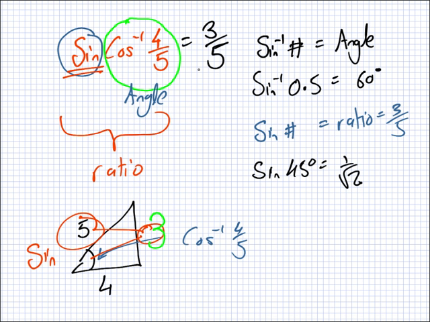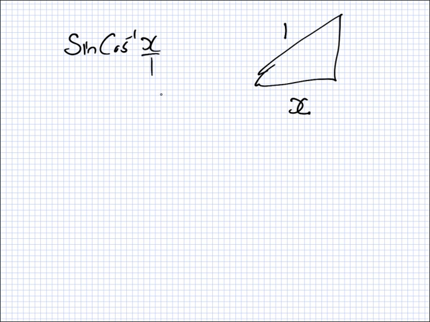Numbers like 5, 13, and 4, 5. I know what I'm doing. The last one, for example, let's say sine of cos inverse x. Let's draw the triangle. This side is x. What's this side? 1, because it's like x over 1.